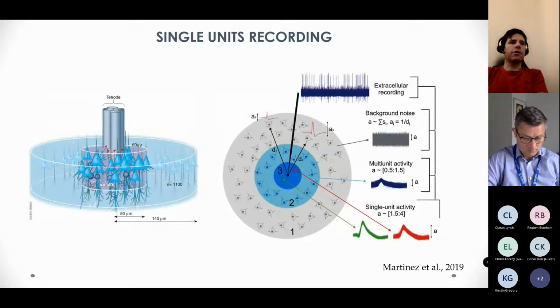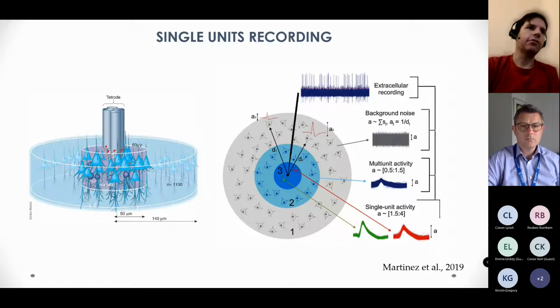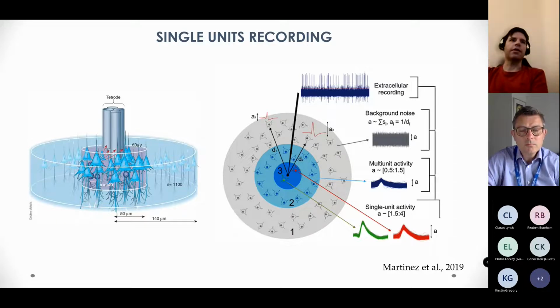To record spikes in a tissue, if you imagine this figure on the left, it would be the tissue, and the tetrode would be 4 electrodes that go inside the tissue, with the neurons around these electrodes. You have a small region, in the second figure, the blue region, where the electrodes can record perfect waveforms.